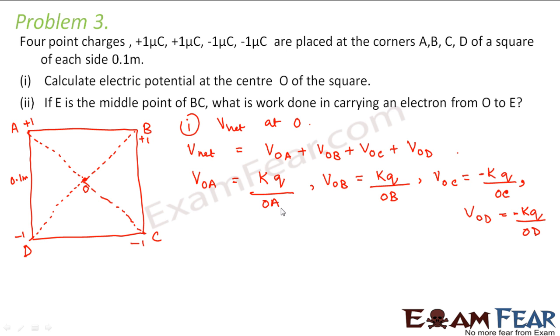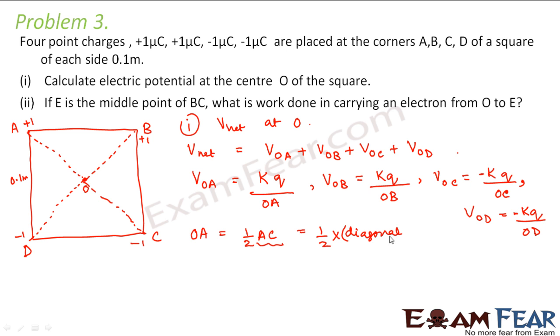Now what about OA, OB, OC and OD? So what is the value of OA? Now OA, if you look at this square, OA is half of AC. And what is AC? AC is nothing but the diagonal of the square. So that is half into diagonal of a square.